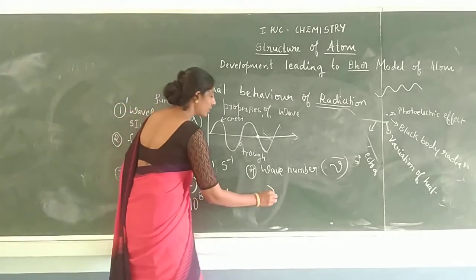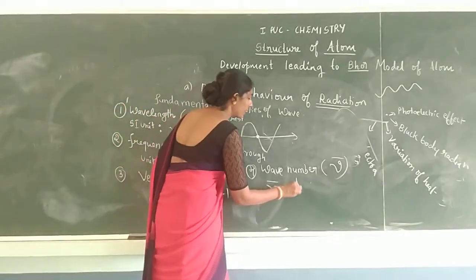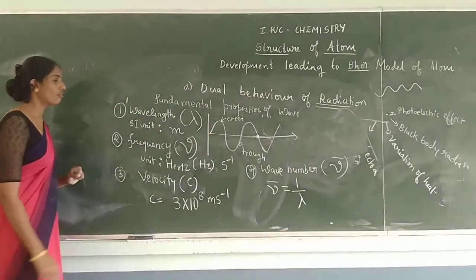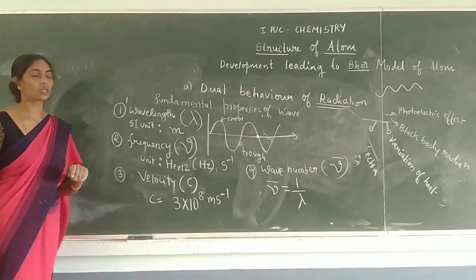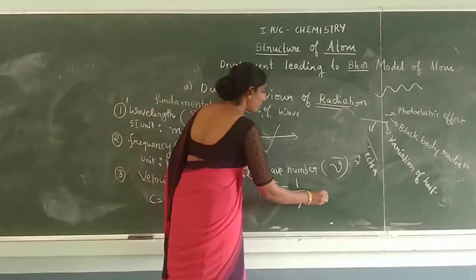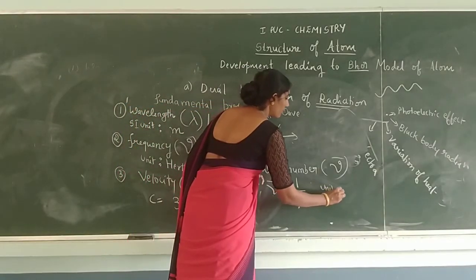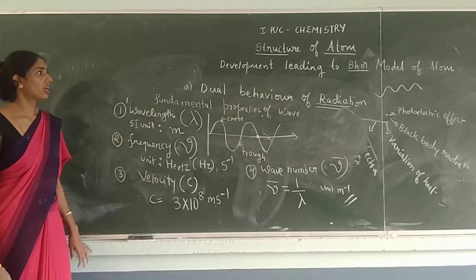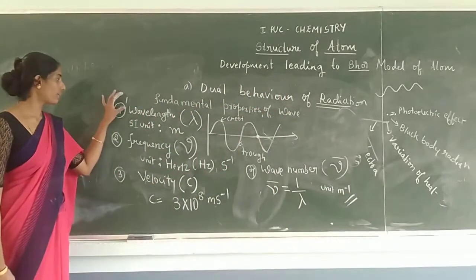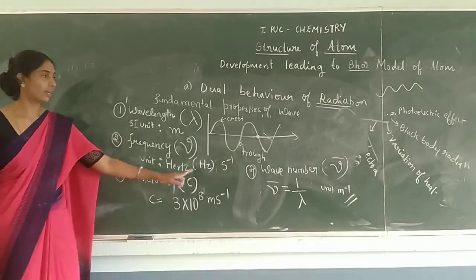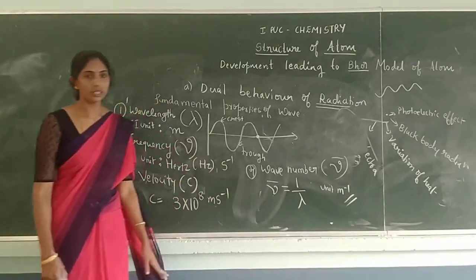Wave number is equal to the reciprocal of wavelength, and it is usually measured in terms of per meter. Remember all those points: wavelength, frequency, velocity, as well as wave number, and their units.